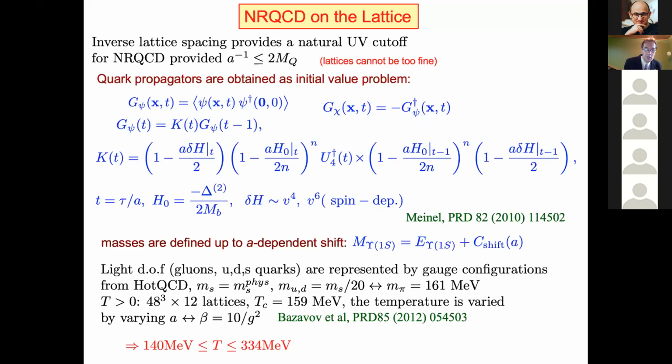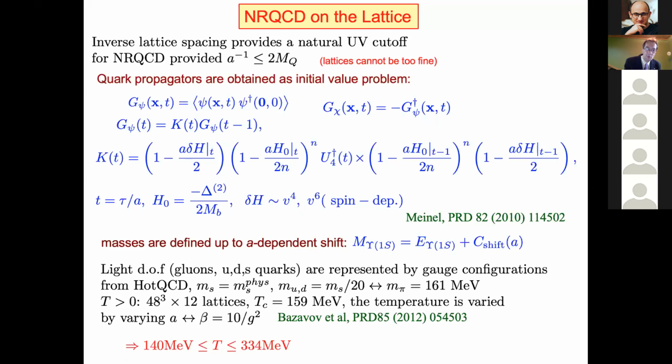In the lattice calculation, the light degrees of freedom are represented by the gauge configurations obtained from the NRQCD collaboration, with a physical strange quark mass and up and down quark masses which are almost at the physical value. In the continuum limit, they correspond to a pion mass of 161 MeV, and we used 48 cubed times 12 lattices throughout the calculation, which give a transition temperature of 159 MeV.